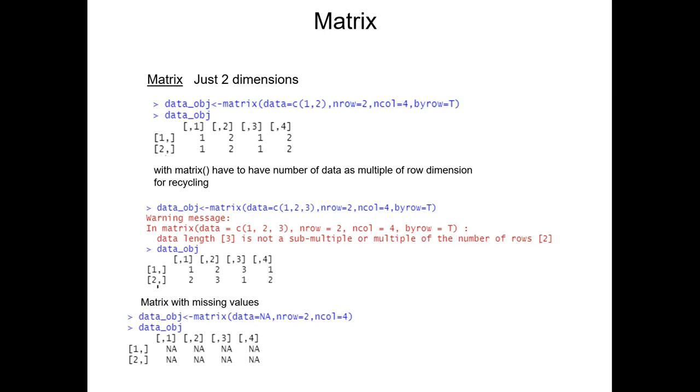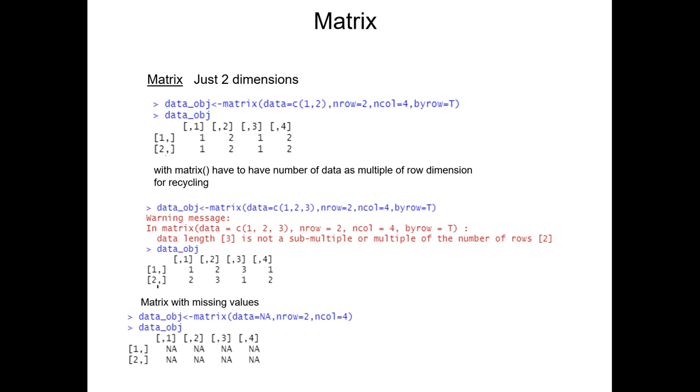You'll get some errors, as the example shows here, if you don't have a multiple of the number of rows and columns for which the function would recycle the numbers.